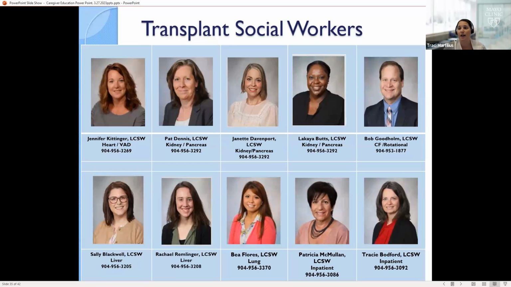Pat Dennis, Jeanette Davenport and Lakea Butts are the kidney social workers. You only need to write down one name, and that's 904-956-3292. Bob Goodholm is actually a cystic fibrosis social worker. And Sally Blackwell is the liver transplant social worker at 904-956-3205.